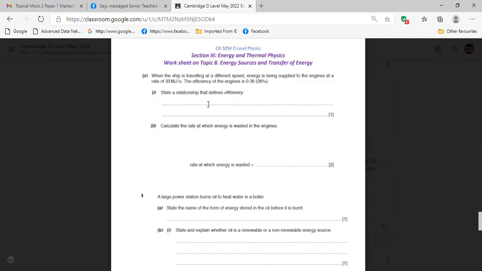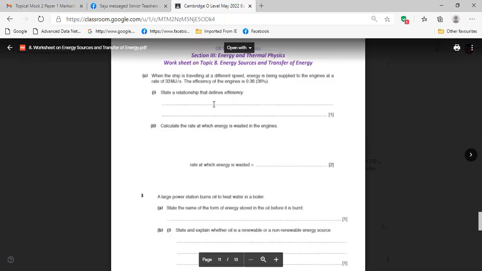Is it clear? So whatever you like, you can write with the energy or with the power. Same thing.